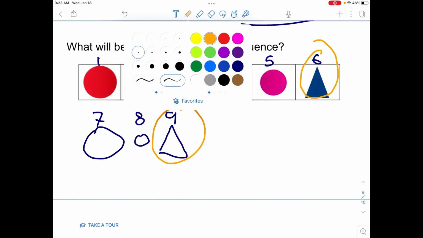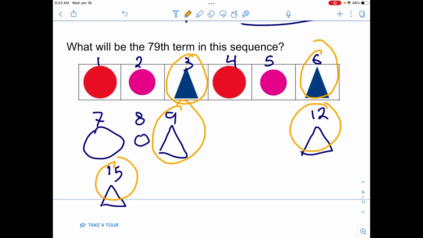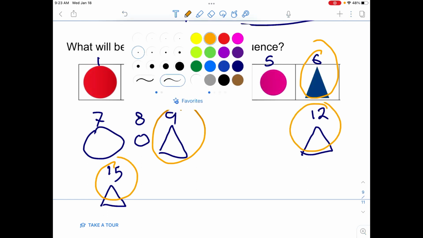So that means that I know that my 12th shape will also be a triangle, and my 15th shape will also be a triangle, because every third is a triangle. And I can use this to help. So 79th term.